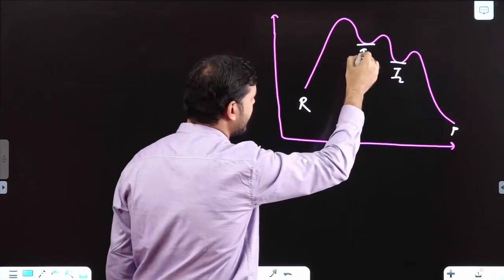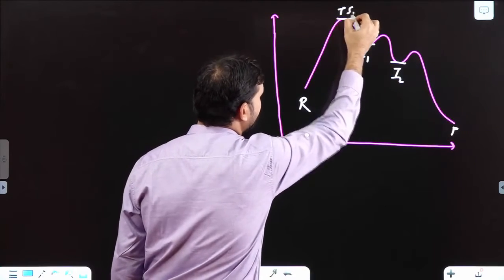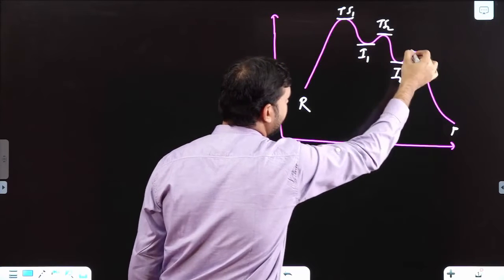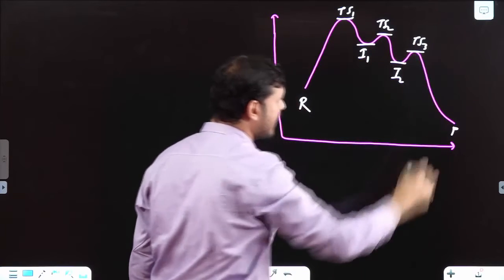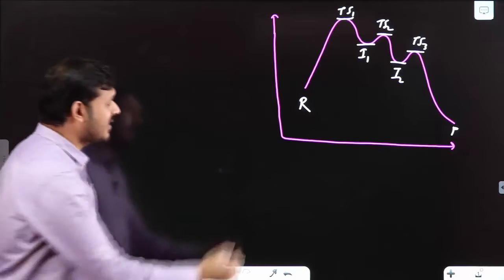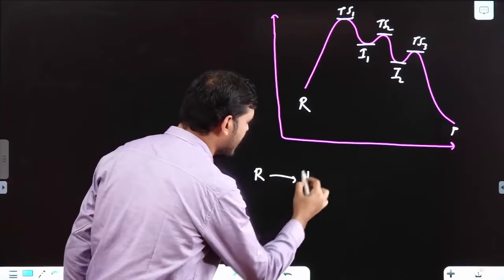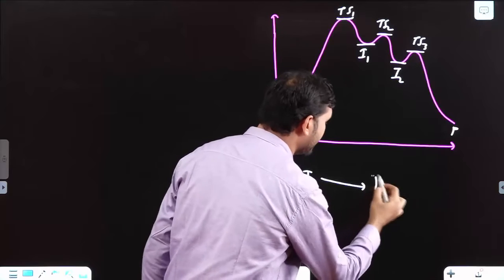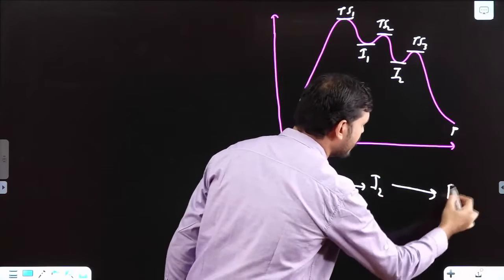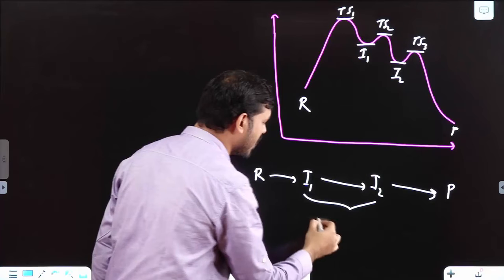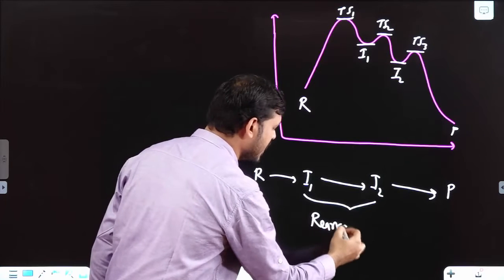So, from reactant to intermediate 1, transition state 1, transition state 2, transition state 3, and finally product. So, you can understand reactant towards I1, I1 towards I2, and finally I2 towards P. So, this is your rearrangement.